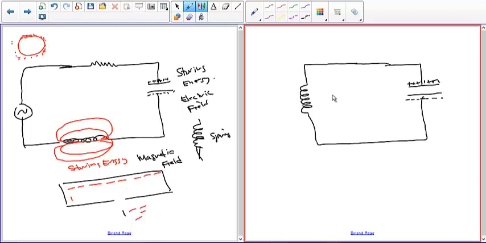As the charge is moving from here through there, it's creating a magnetic field inside the inductor. But then once this thing is uncharged, the magnetic field in the inductor will change, and that change will cause current. That changing magnetic field in the inductor will induce a current in the wire, which will then cause the capacitor to charge in the opposite direction.